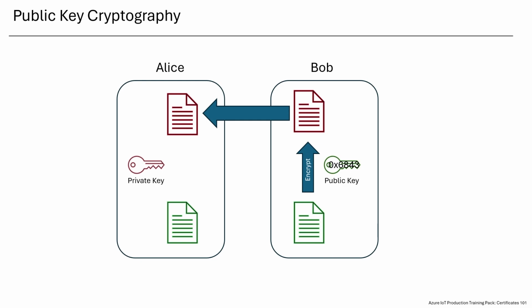He then transmits that encrypted message to Alice. This can be done in an open way because the message is no longer plain text. Alice then decrypts the message with her private key.